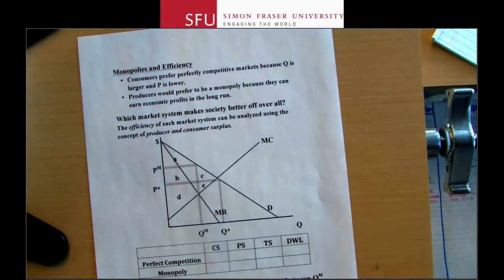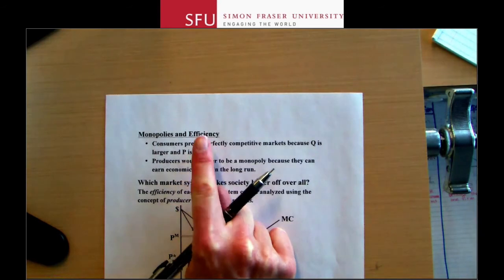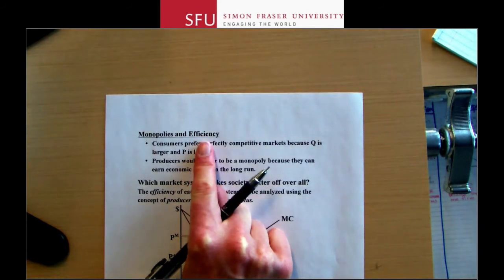So the next page is about efficiency. When we think about efficiency, the main measure of efficiency is total surplus. Is the situation resulting in the maximum amount of surplus for everybody, or is it not? And if it's not, that means there's deadweight loss.